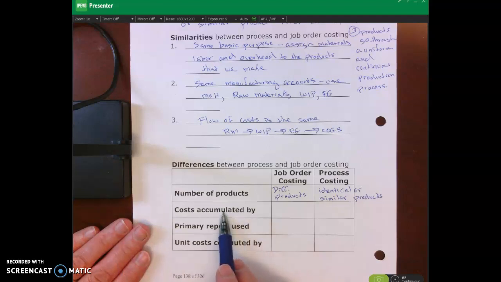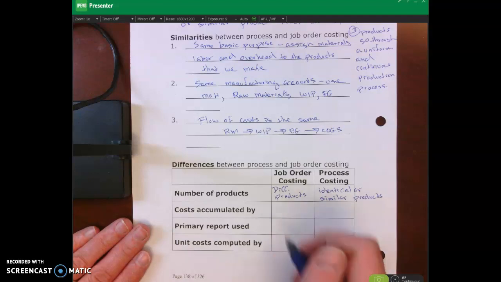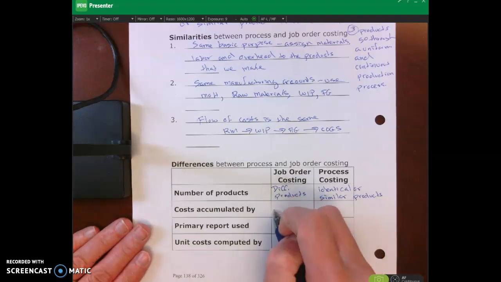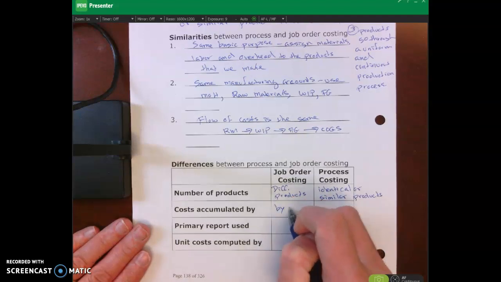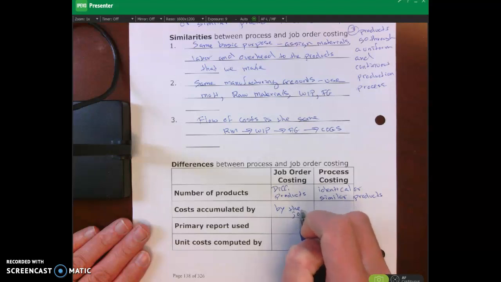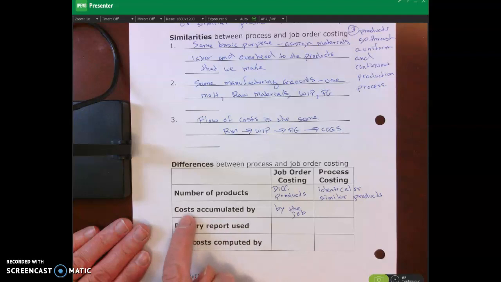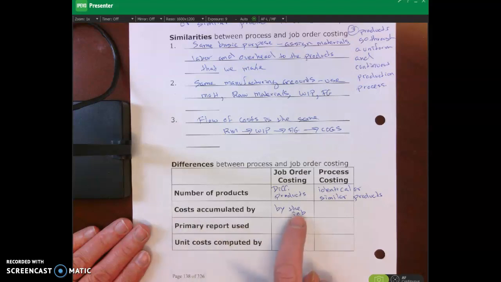How do we track the cost? How do we track the costs, accumulate the costs, or track the costs? Over here, it's by the job, which is why it's called job order costing. So getting in a little bit more detail, what costs are we talking about? Materials, labor, and overhead. We track materials, labor, and overhead by the job.